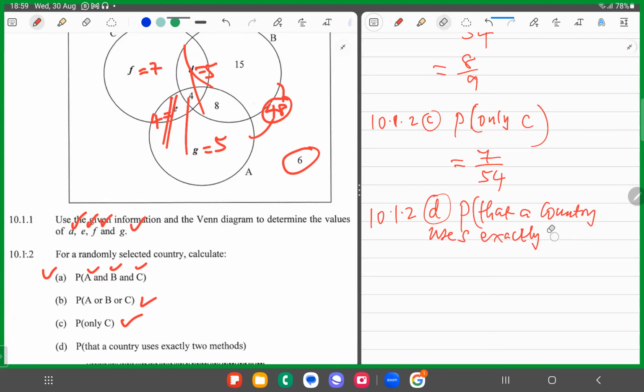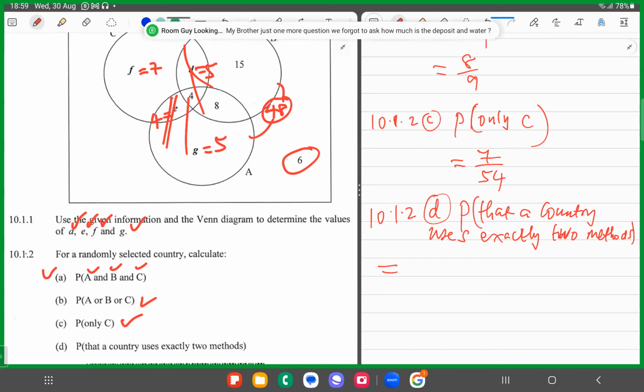The probability that a country uses exactly 2 methods. What is the probability of this?